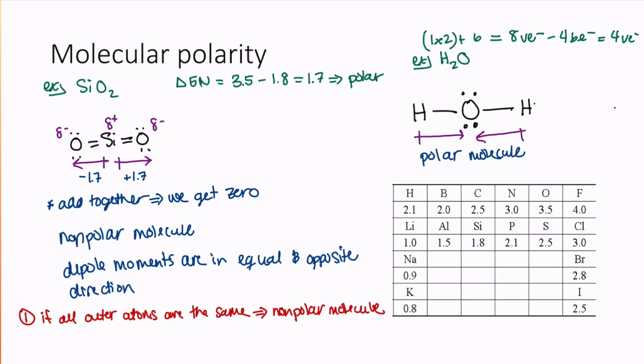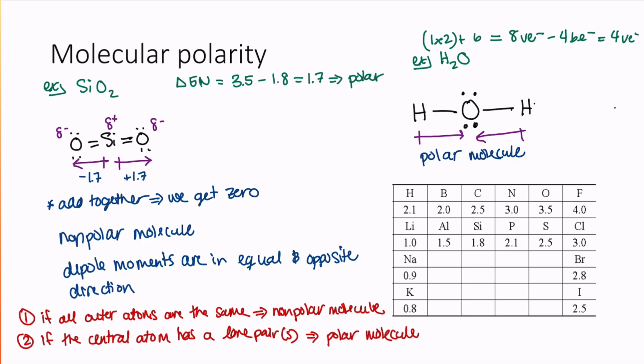If there are no polar bonds present, then it's not going to be polar. If the central atom has a lone pair or multiple lone pairs, then it's going to be a polar molecule. Even if you don't have polar bonds in your molecule, you're still going to have a polar molecule because of the lone pairs.